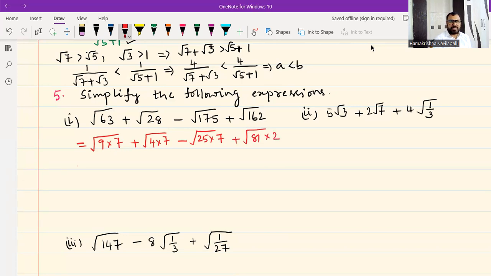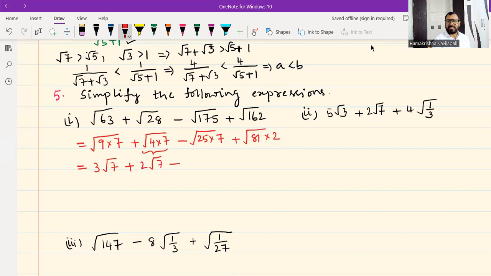So this gives us, here you see the square root of 9 is 3, so this is 3 root 7. The second term is the square root of 4 into 7, and the square root of 4 is 2, so 2 root 7.